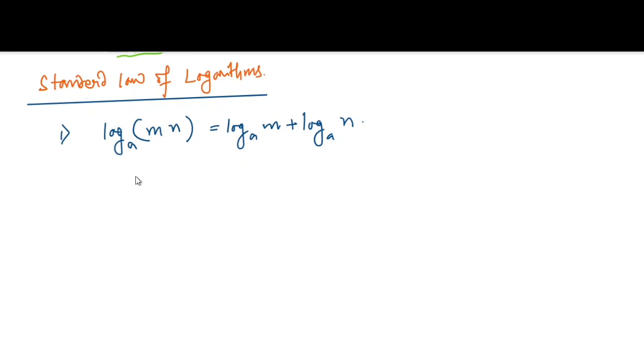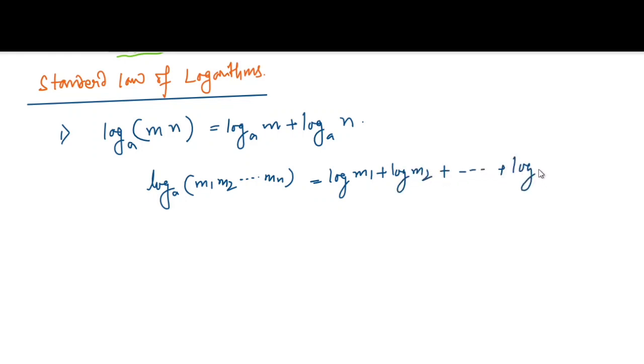If we extend this formula, log a of m1 m2 up to mn can be written as log m1 plus log m2 plus so on up to log mn. That is the extended formula. Now log a of m by n can be written as log m minus log n.